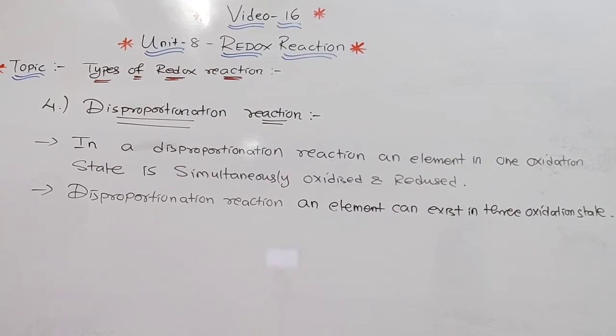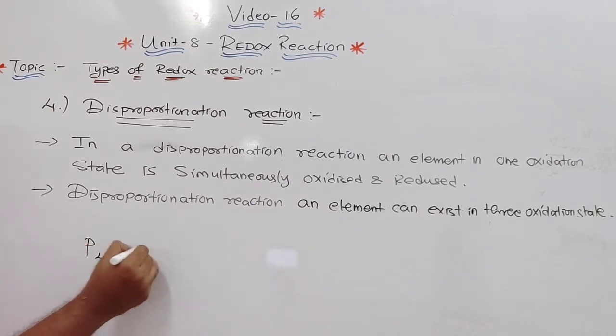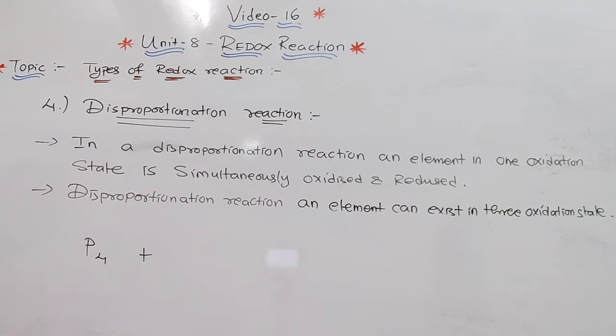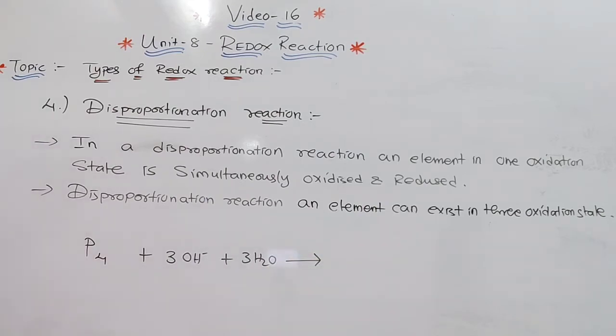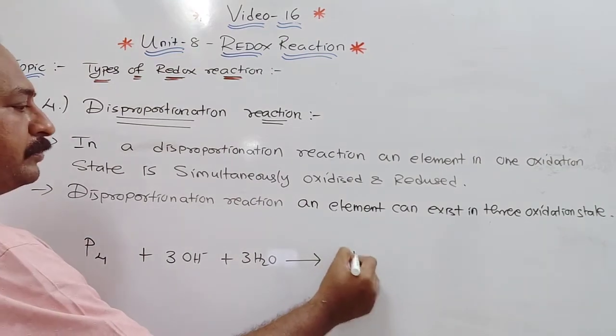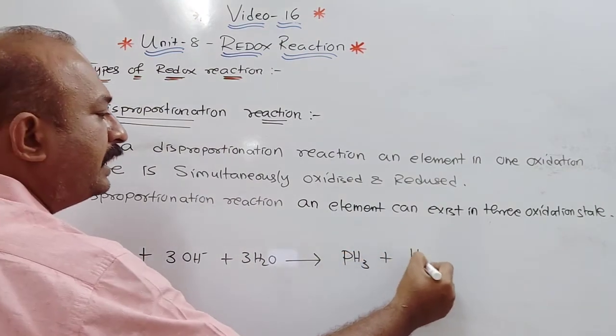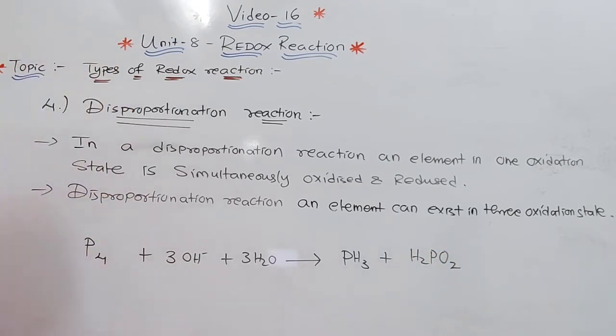They have given the ionic form, but we will take P4 plus 3OH minus plus 3H2O. Understood? What does it give? P4 plus 3H2O gives PH3 plus H2PO2, like this what is given.